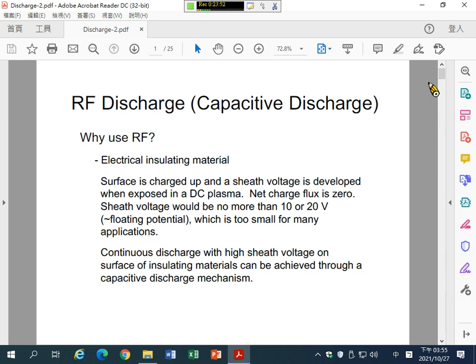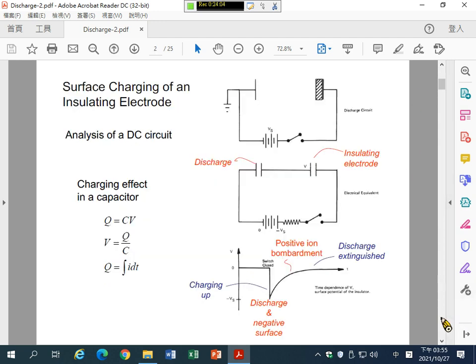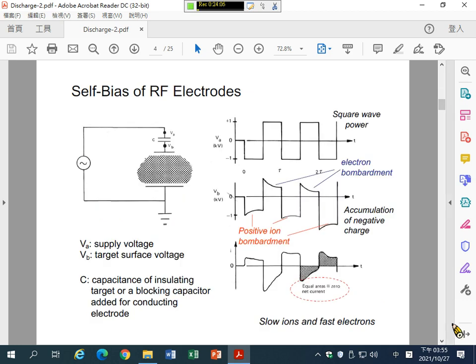It's a little bit higher than the plasma potential, or it is equal to the floating potential. But in an RF system, we can generate a plasma, and then the surface of the insulating material can be charged to a few hundred volts, or even 1,000 volts.